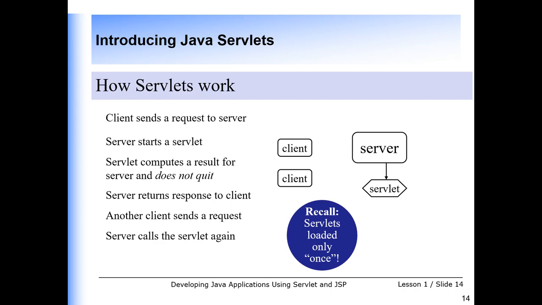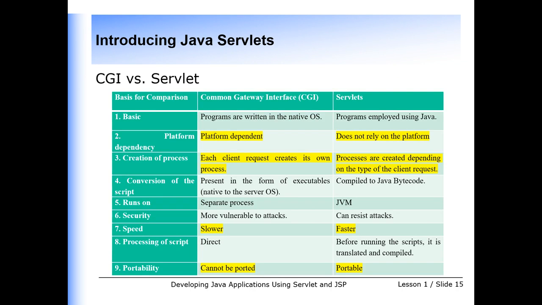Let me see what is the major difference between CGI and the servlets. You can see this is the comparison of the servlet and CGI based on some key points. If we talk about platform dependency, CGI scripts are platform dependent, but servlets inherit all the features of Java programming language, so they do not rely on the platform.